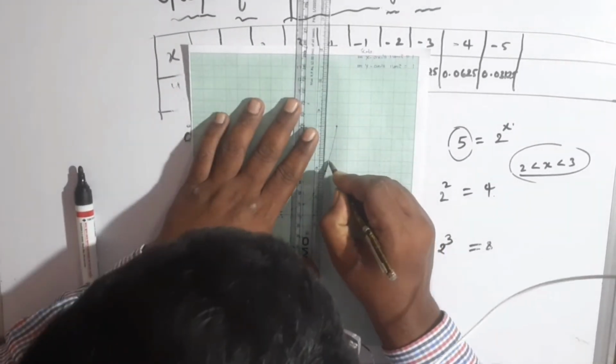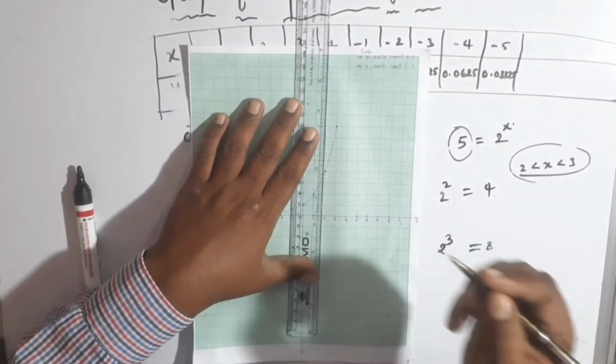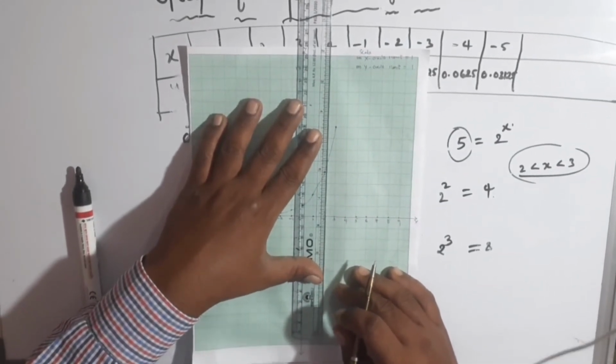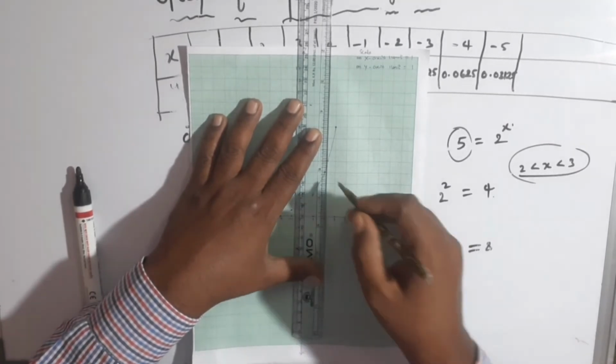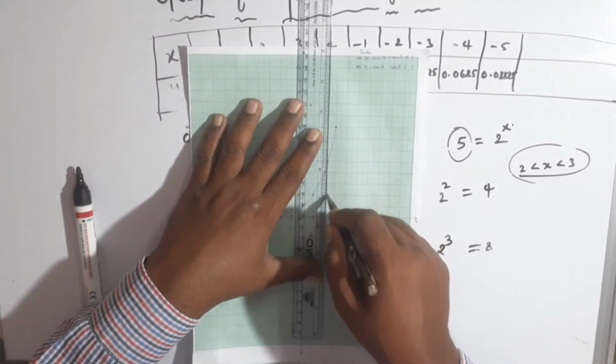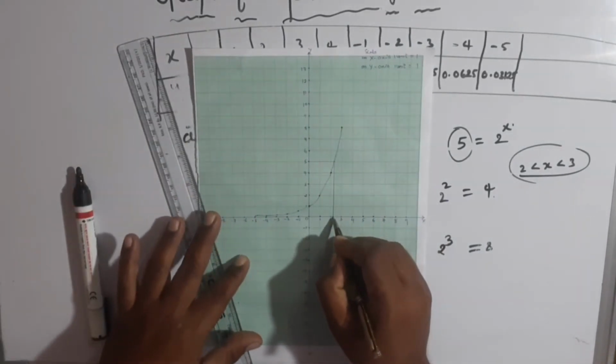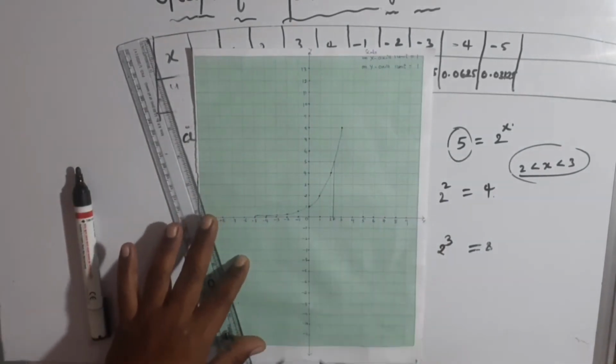Now from that point, so definitely it is between 2 and 3.